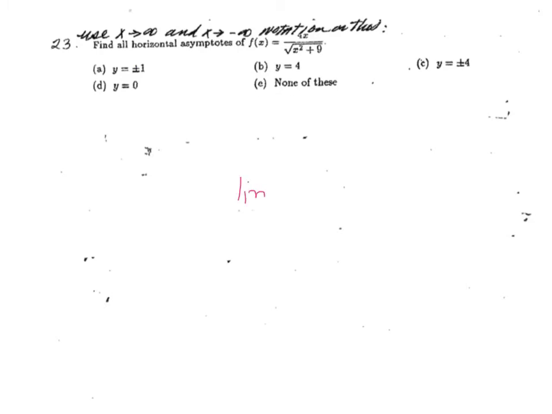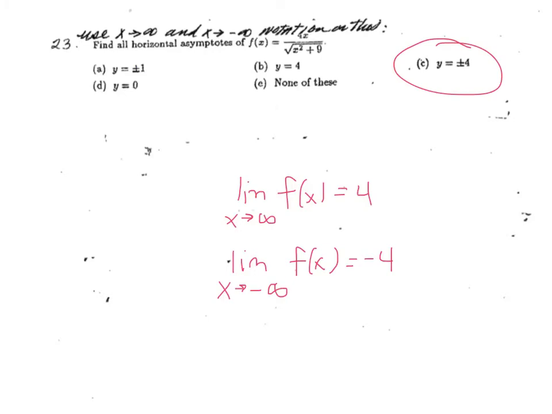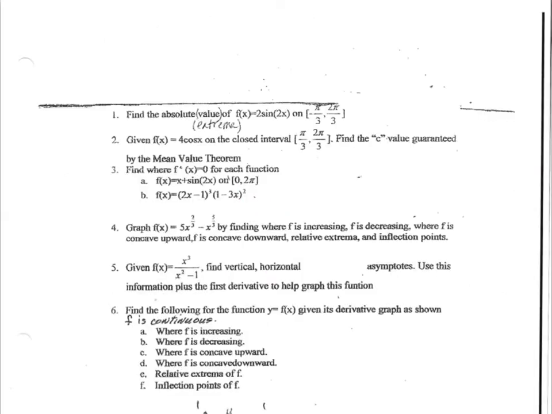The limit as x approaches infinity of our function will be positive 4. But when we approach negative infinity and we have negative x values, we will be approaching negative 4. So we have 2 horizontal asymptotes at 4 and negative 4.